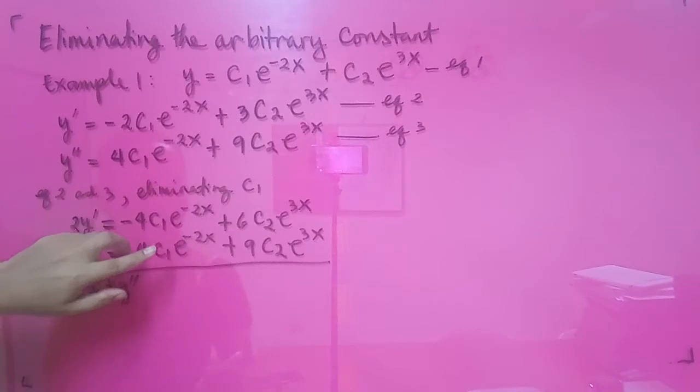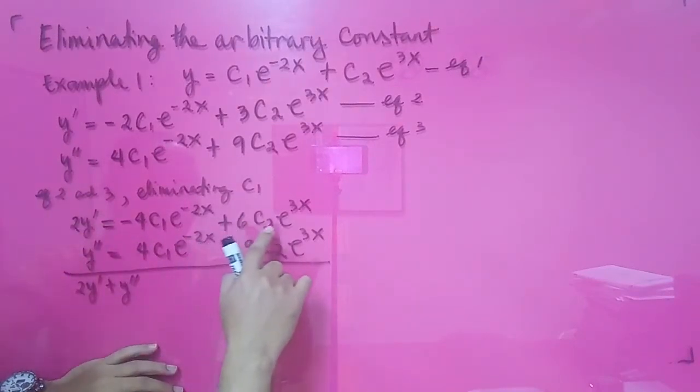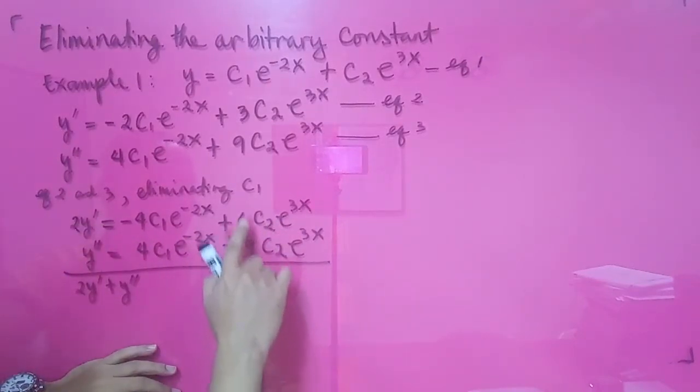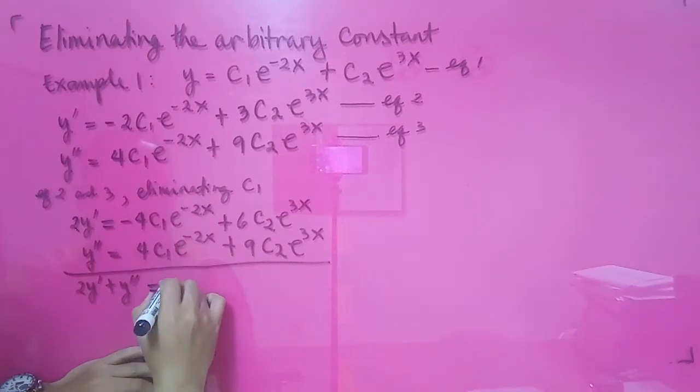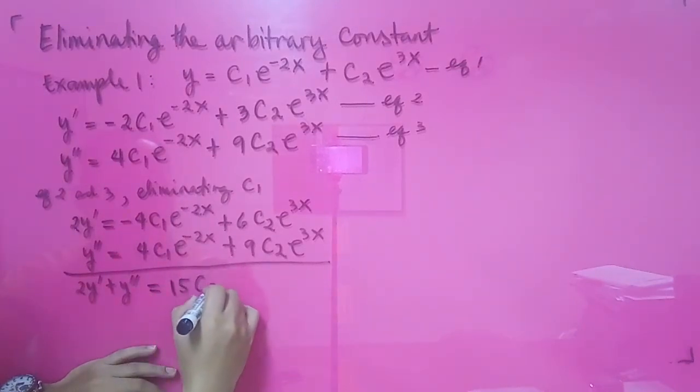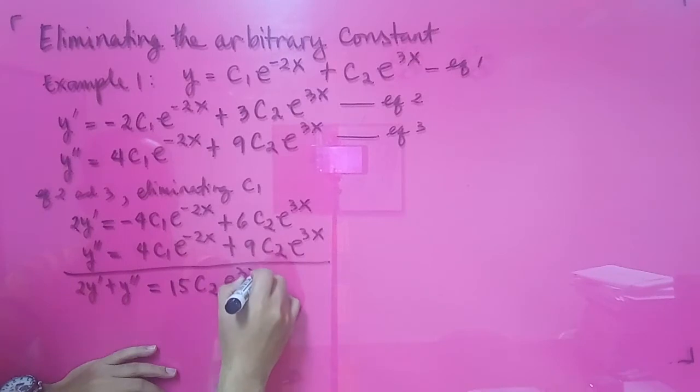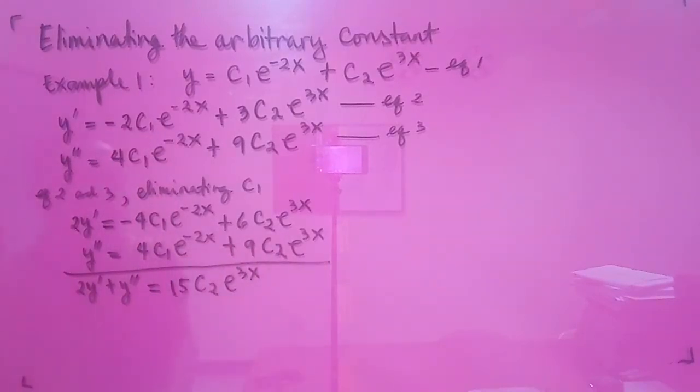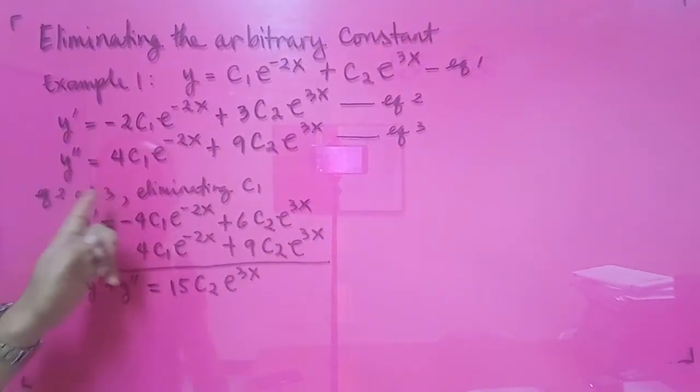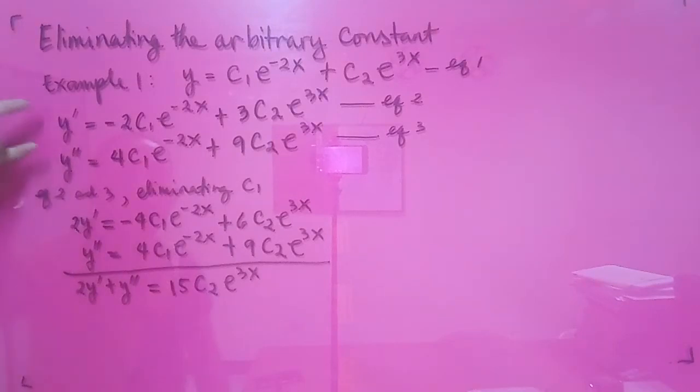And then this one will be eliminated. And then this 6 c sub 2 plus 9, that is 15. So we have here 15 c sub 2 e to the 3x. Okay, so if you have noticed, we only have one constant when we combine equation 2 and 3.